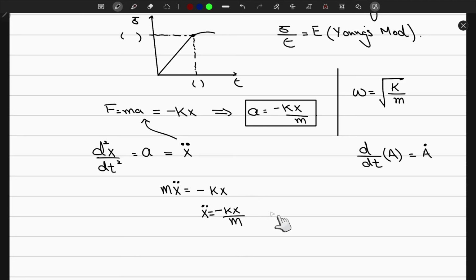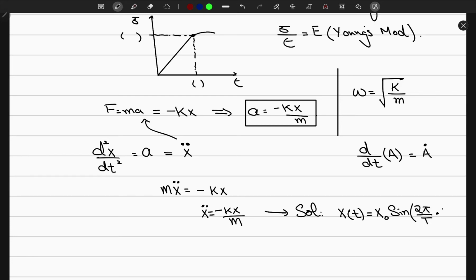Now the solution to this equation is x of t, which is a function of time. It's equal to some constant x naught, where this would be the amplitude of the oscillation, times sine of omega times t, remember. But what is omega? Omega was 2 pi by the time period.